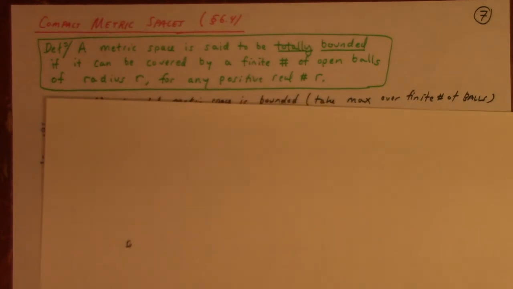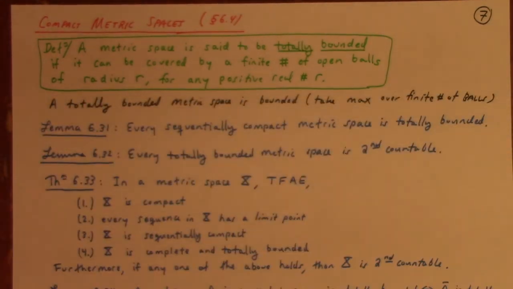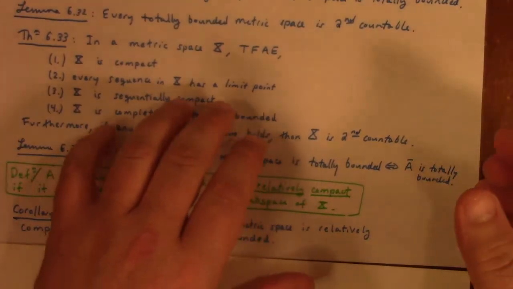It's just another way of getting at that finite subcover idea, but more explicitly tied to the notion of distance. So total boundedness is an important idea if you're going to study analysis more deeply.